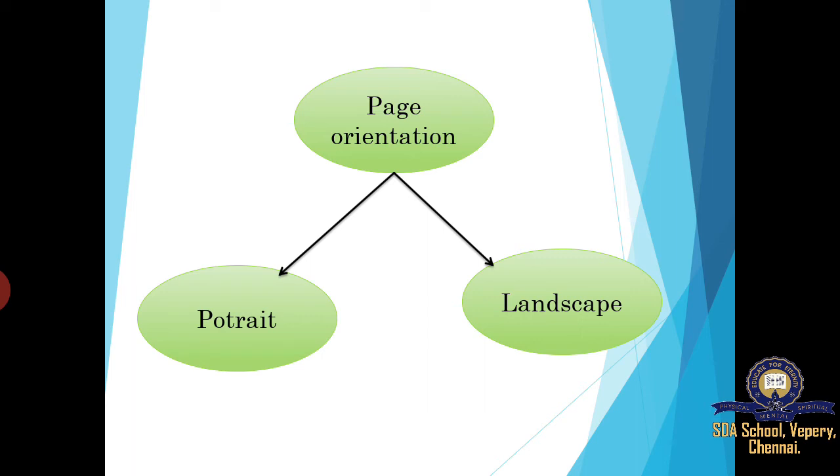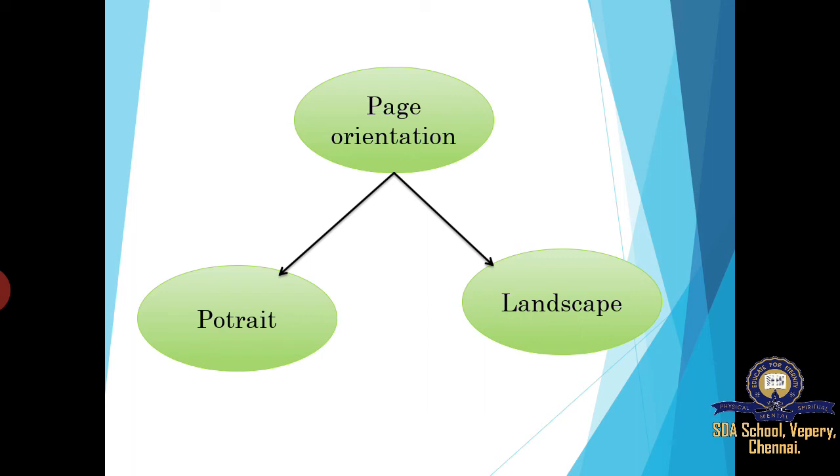Like that, a word processor also has page orientation. It has 2 types, portrait and landscape. If the length of a paper is more than the width, it is called portrait. If the width of a paper is more than the length, it is called landscape.